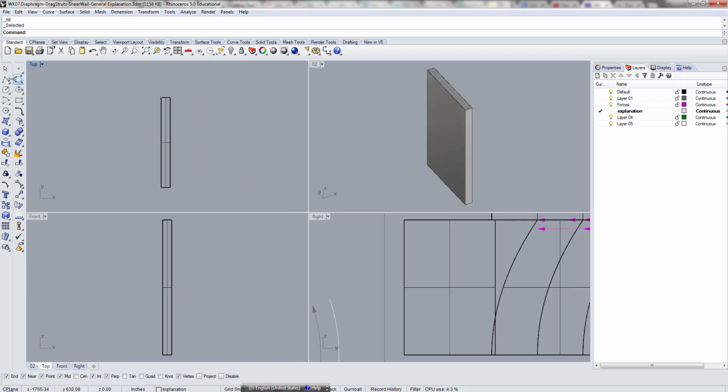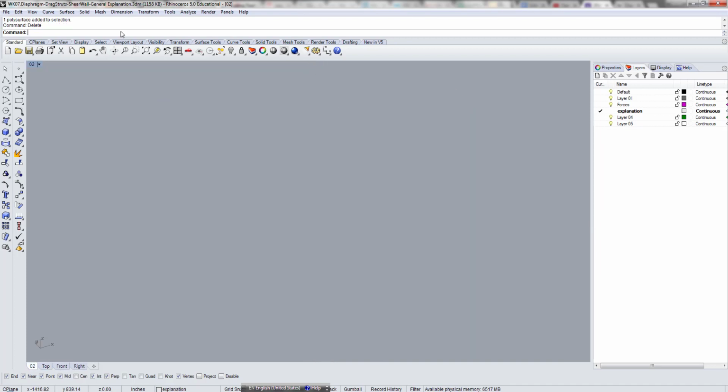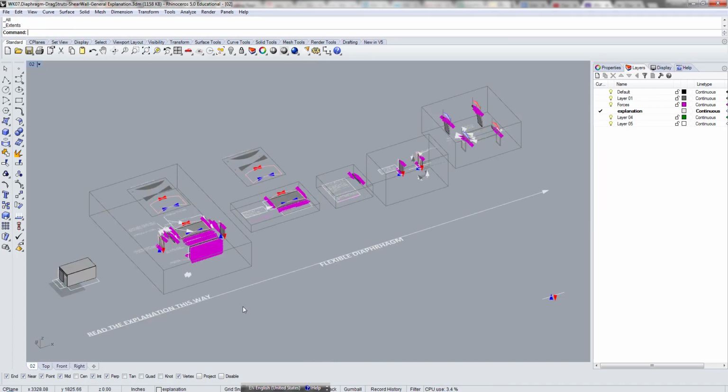You can only count this as a shear wall in this direction, but you have to completely ignore it for that reaction. So basically, a shear wall is only useful for the long direction only. Does that make sense? Yeah.